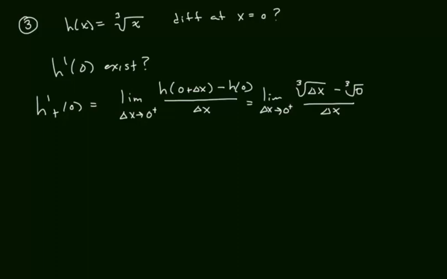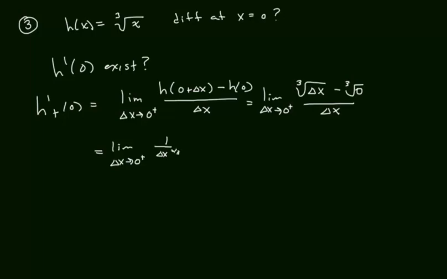So we essentially have change in x to the 1/3 on top and change in x to the 1 on the bottom. That simplifies to 1 over the change in x to the power of 2/3.